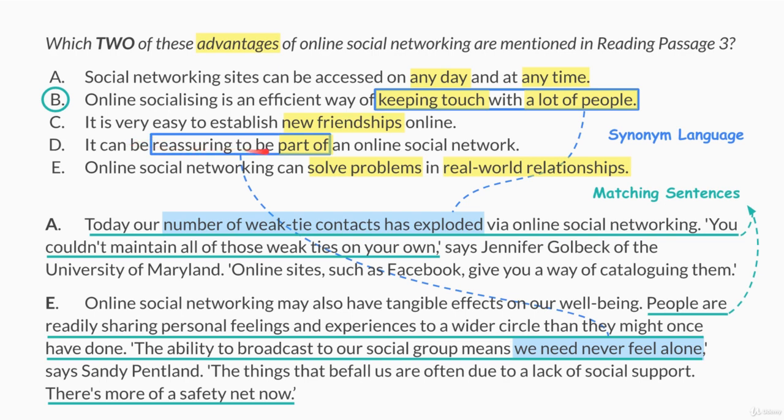It can be reassuring to be part of an online social network. When something is reassuring, it means that you feel safer. You don't feel alone because there are other people there to comfort you, to support you. So that is synonym language. And the correct answer is going to be D. So those are our two correct answer choices, B and D.